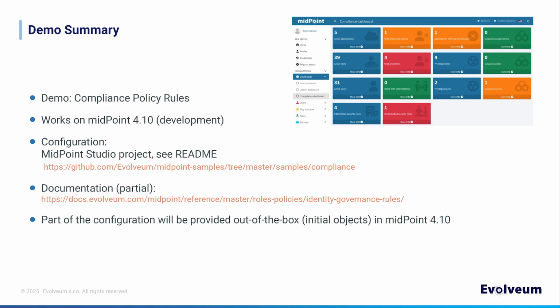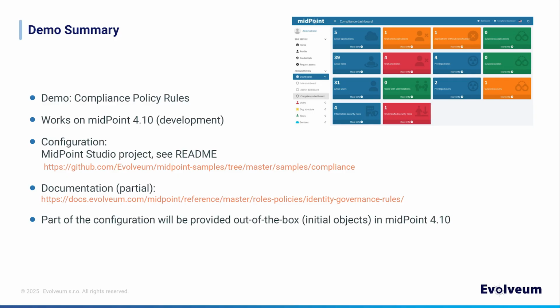You can see the entire configuration for this demo in the MidPoint samples repository on GitHub. There is a MidPoint Studio project, and if you would like to try the project for yourself, there is a README file in the project with instructions on how to apply the configuration. There is also documentation for the sample configuration used in the demo.